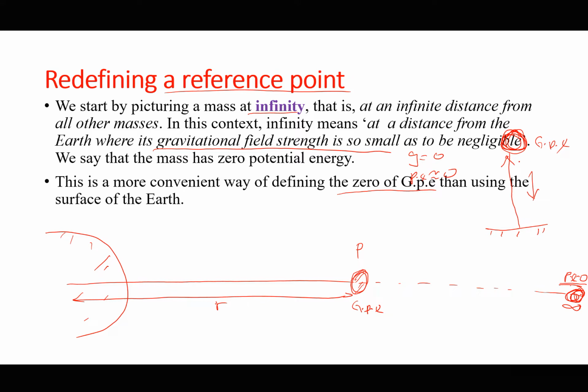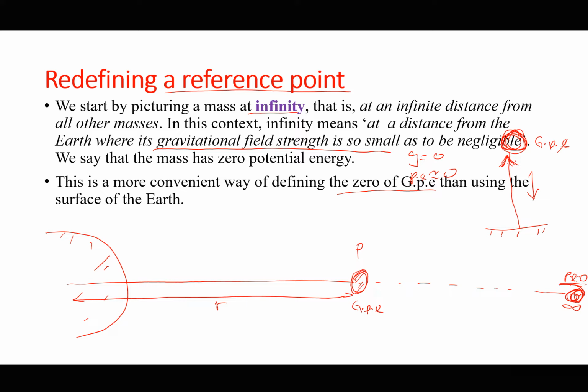Because the force between two masses is always attractive, when I move it against the force of attraction, it gains gravitational potential energy. So if I move it up to infinity, it has gained gravitational potential energy, which is zero at infinity. That means before I reach infinity, it must have been less than zero.